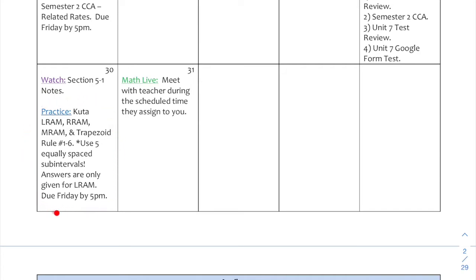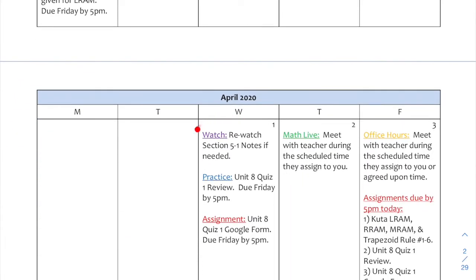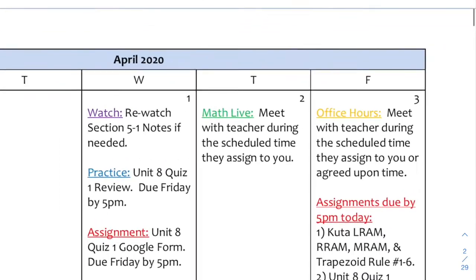It's the CUDA, LRAM, RRAM, MRAM, and trapezoid rule. And we'll meet Math Live tomorrow. And then you're going to rewatch the notes if needed. And you're also going to practice the Unit 8 Quiz 1 review. I'll post the quiz soon, probably today or tomorrow. So you'll have it a little bit early, but don't wait till the last minute.